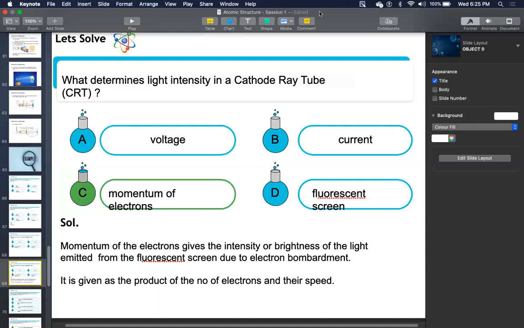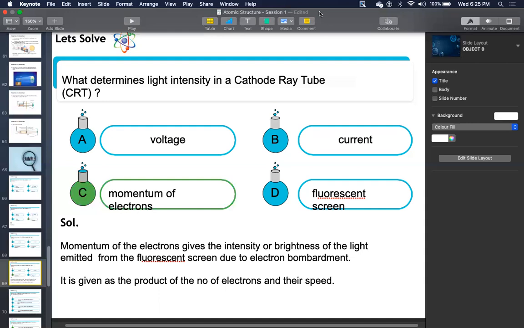Actually, why does the light appear in the cathode ray tube? I'm just giving you a simple example. If there is a fluorescent material, that material will glow only when particles strike it with high velocity. So momentum is very much important.